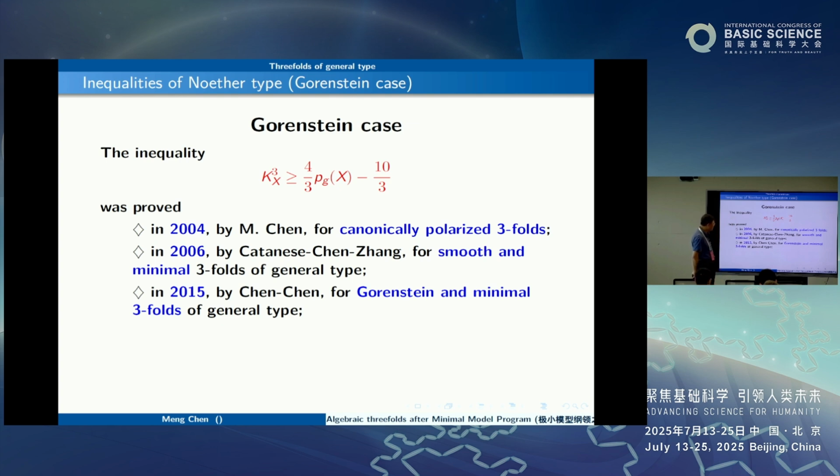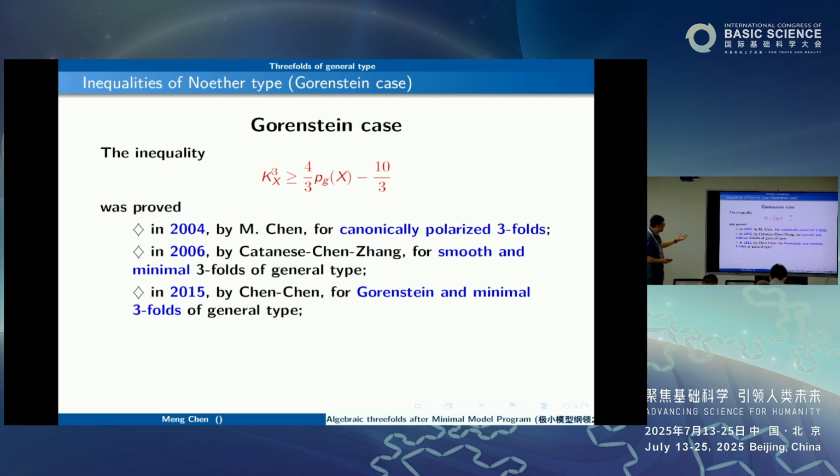With Catanese and Deqi Zhang, we generalized this inequality to the smooth minimal case. Finally in 2015, with Meng Chen, we proved this inequality for the Gorenstein minimal case. But this inequality was proved only when we assume K_X is Cartier.